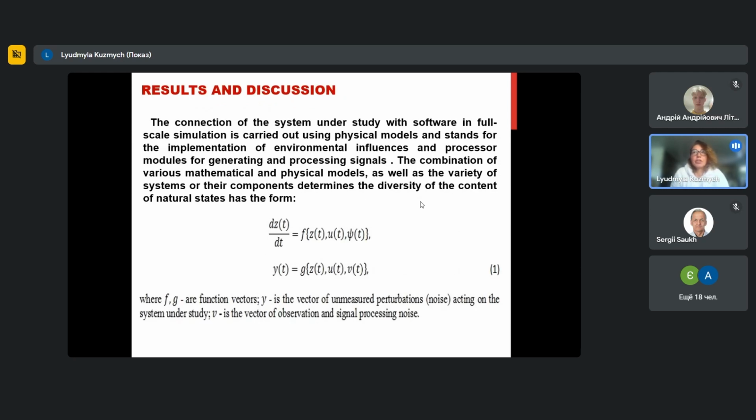Automated model verification complexes are an important tool for research, testing, and verification of information and measuring instrument control systems, navigation, mechanical engineering, and other branches of technology. In comparison with mathematical modeling, natural studies provide a much higher degree of reliability of estimates of system parameters, since the effects simulated in such automated model verification complexes are closer to operational ones.